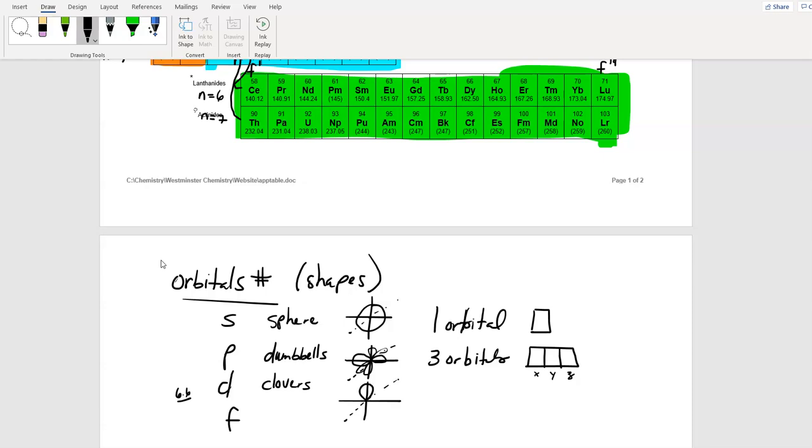Like one of them looks like this, where it's like p to the y, and then you have the x, and that's just one drawing. How many different orientations does a D have? Well, they have 5 different orientations. So if they have 5 different orientations, then they can have 5 boxes. And you don't have to label X, Y, and Z, ladies and gentlemen. I'm just letting you know that's just how it is.